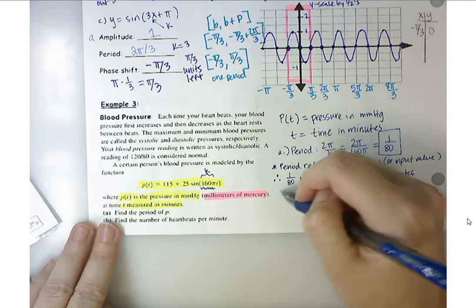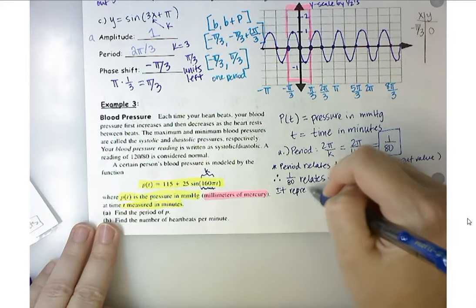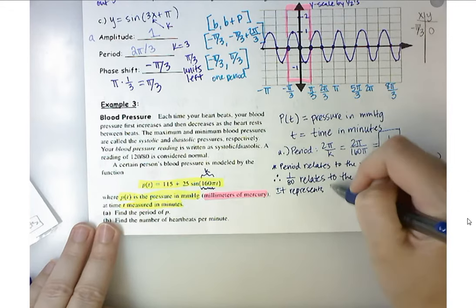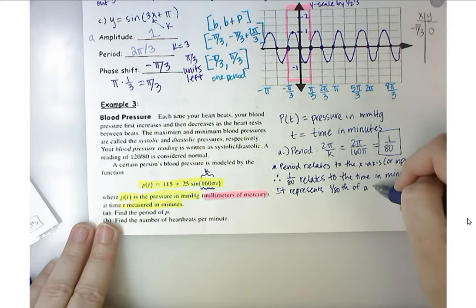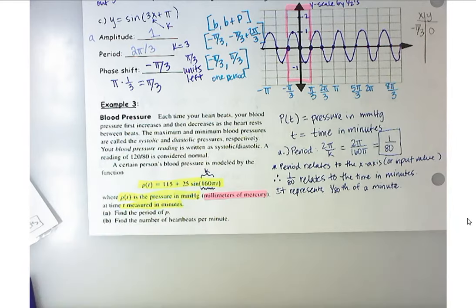Okay, so this represents 1/80th of a minute. So if the period is 1 over 80, that means 1 over 80th of 1 minute.